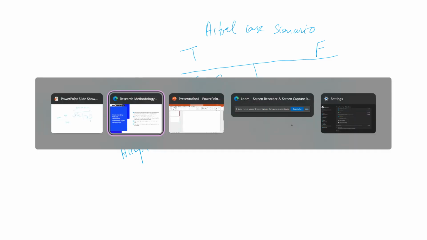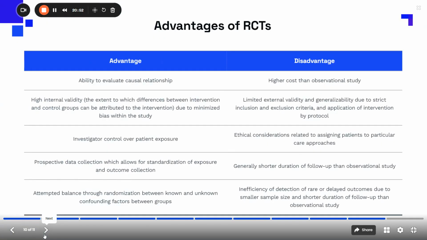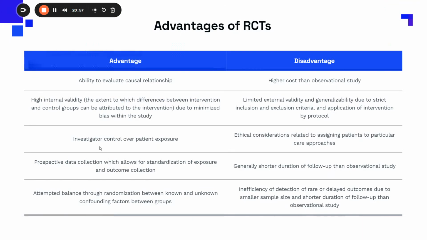Now going back to the presentation. So this is, I guess, the end of the presentation, in which we will be trying to understand the advantages and disadvantages of an RCT. Well, it's very clear RCTs always move forward in time. They are always prospective in nature.